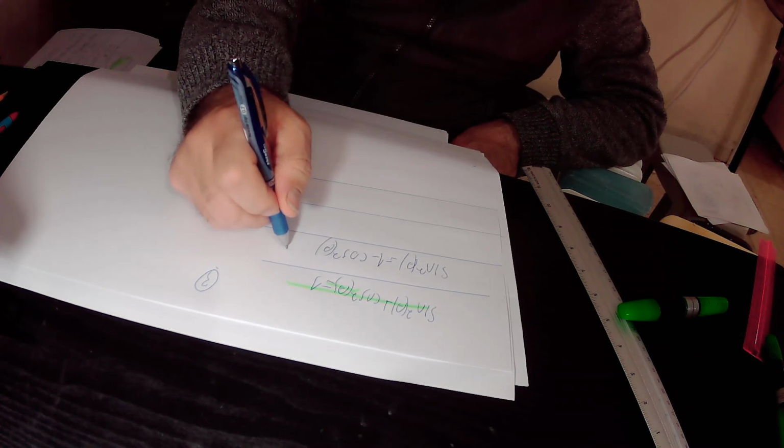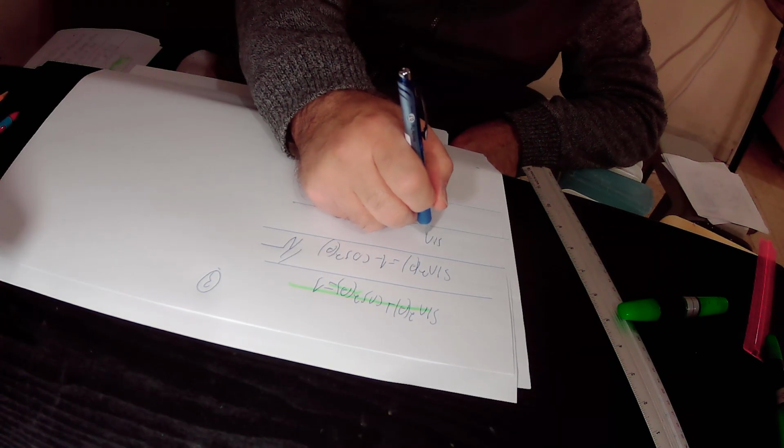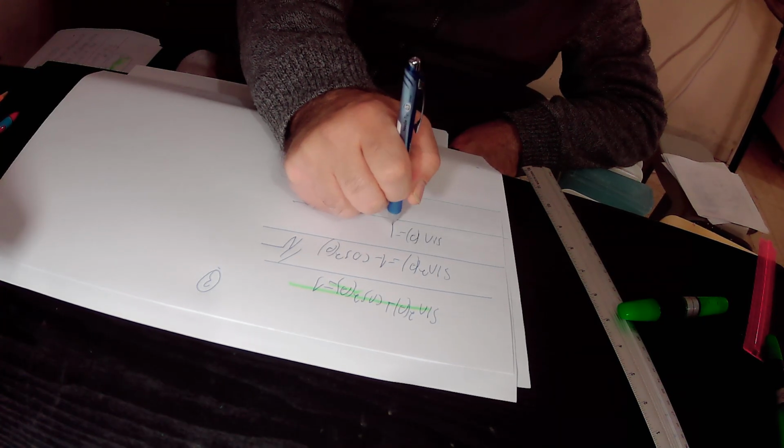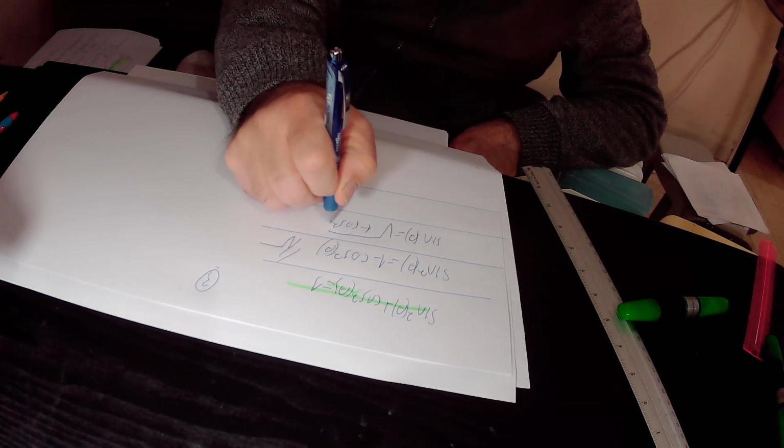Finally we take the square root and get that sine theta equals the square root of 1 minus cosine square theta.